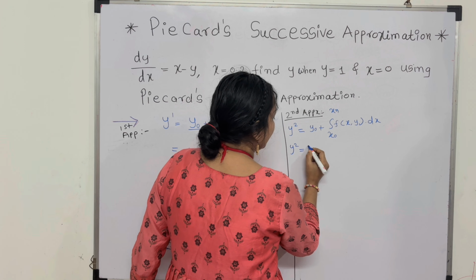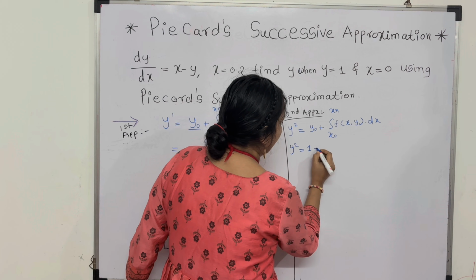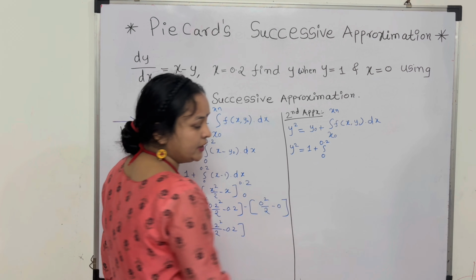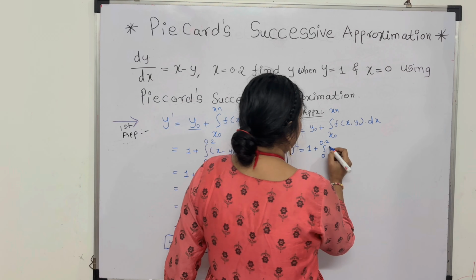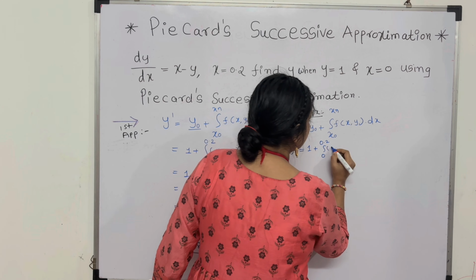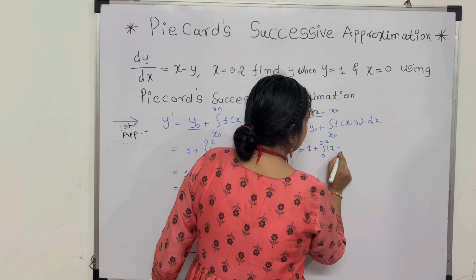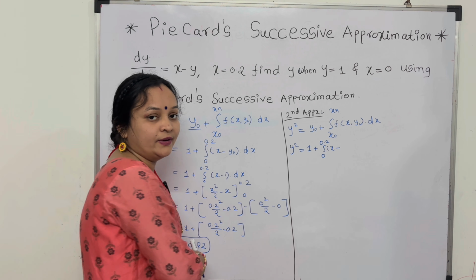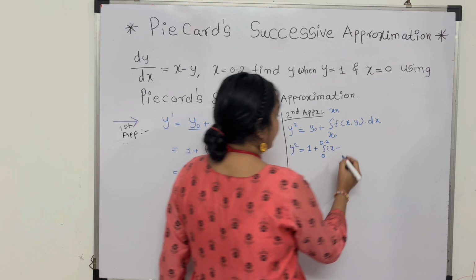So y0 becomes the same value, that is 1. Again, they have already specified the limits, that is 0 and 0.2, and the function is x minus y, right? So x minus, now you have already calculated the y1 value, that becomes 0.82.